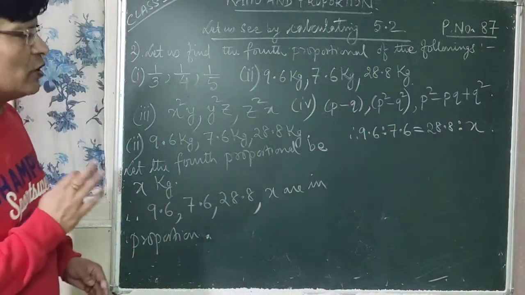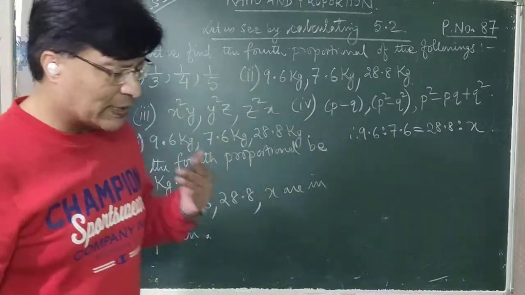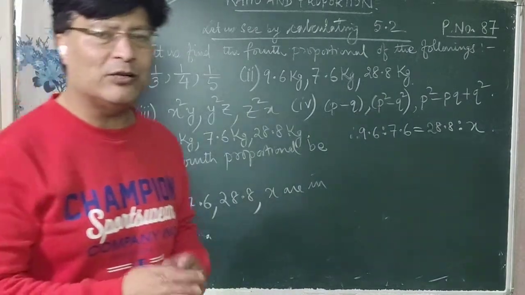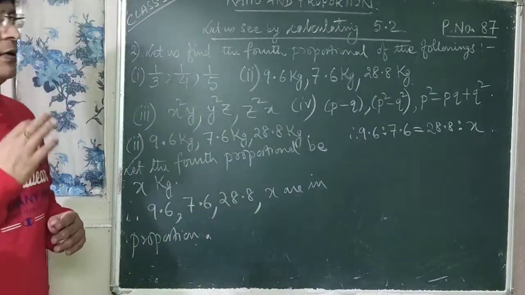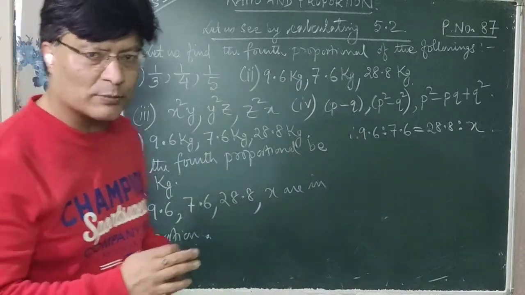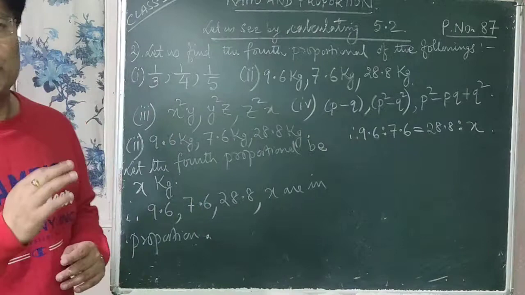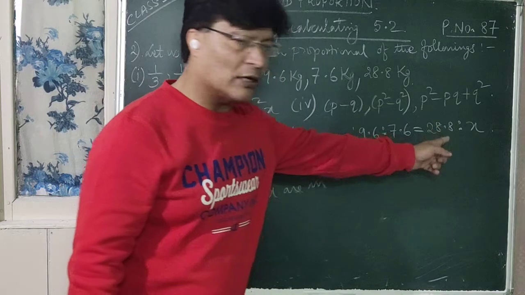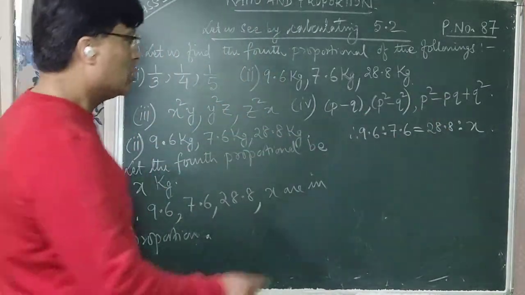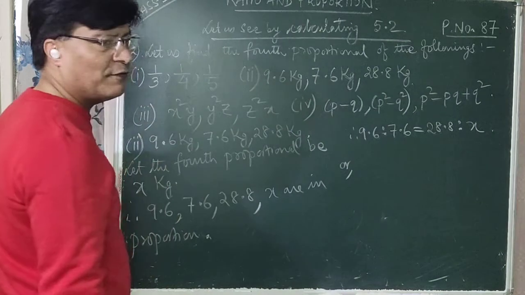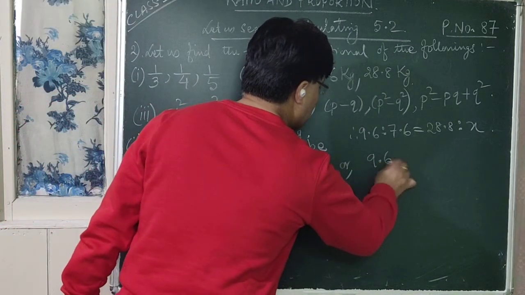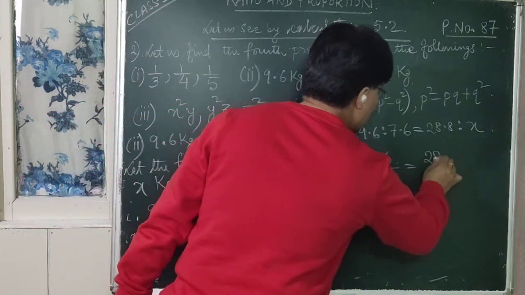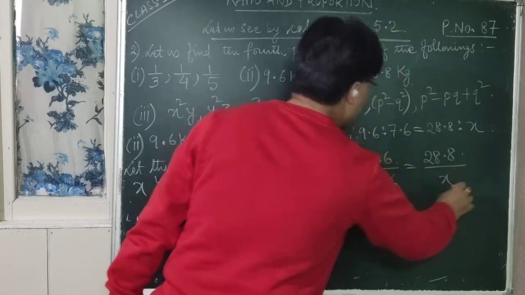From the definition of ratio and proportion, if the four given numbers are in proportion, then the ratio between the first two terms will be equal to the ratio between the second two terms. That is, first term is to second term is equal to third term is to fourth term, right? Ratio means you can write it in terms of fraction. So it is 9.6 divided by 7.6 is equal to 28.8 divided by x.